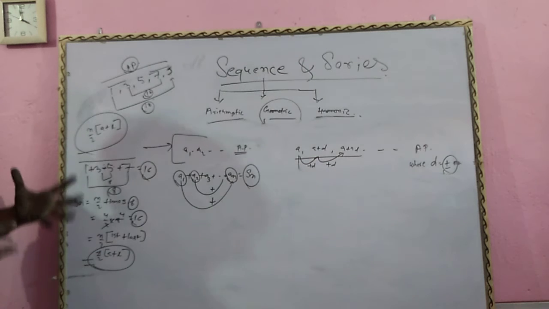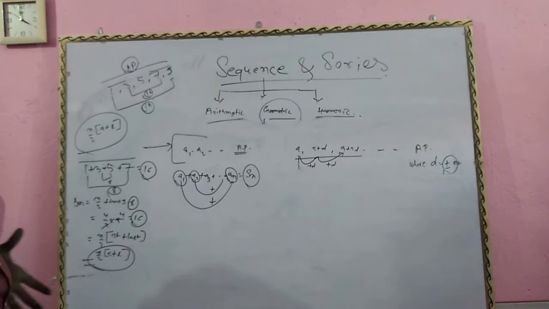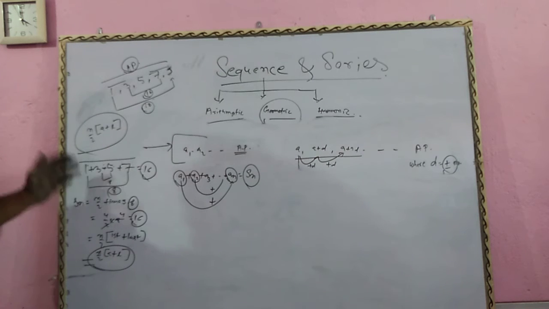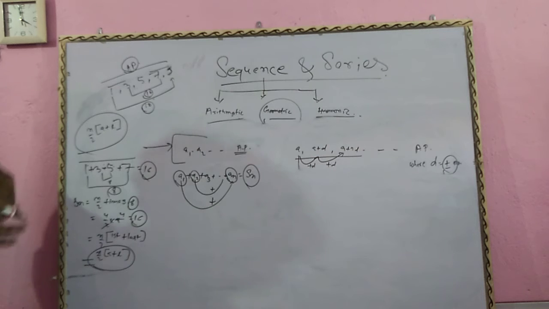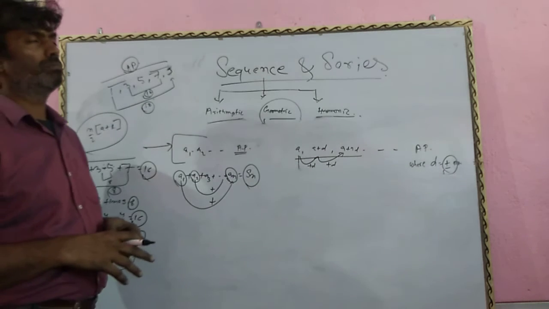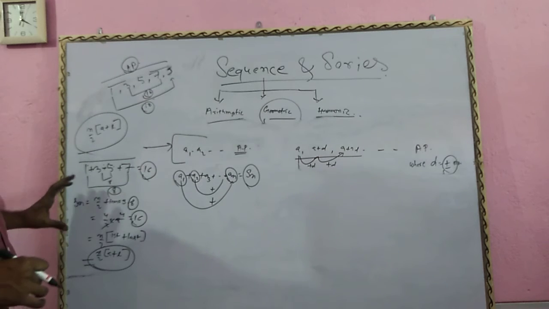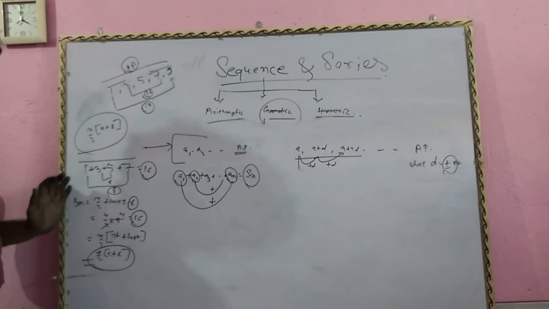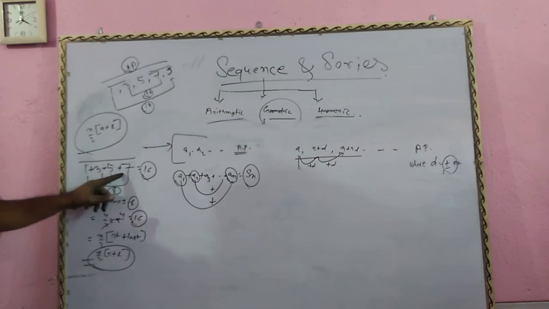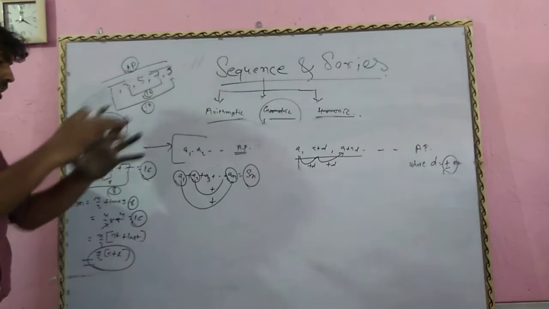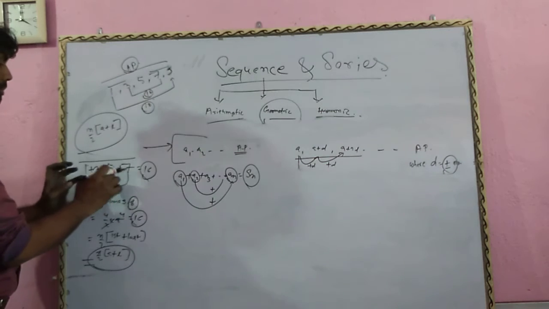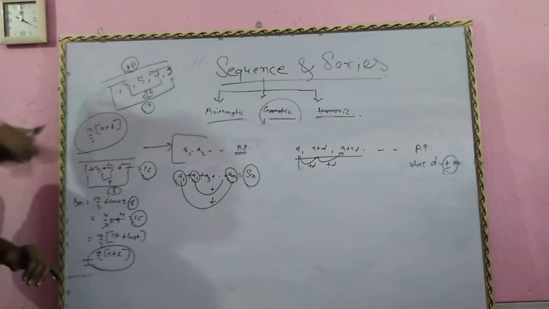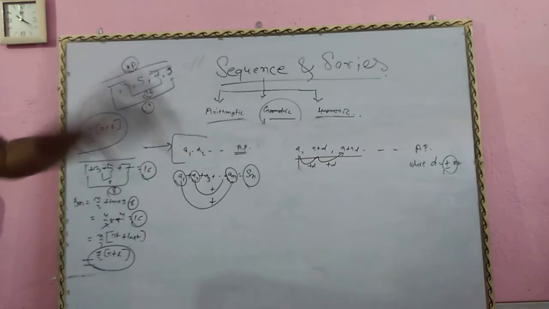If you see some minute details, if you look very carefully, then definitely you come to the point that the summation of first term and last term will always be the same. If there are n terms, then there will be n upon 2 pairs of the same fixed quantity.